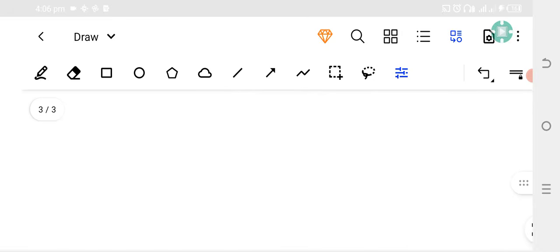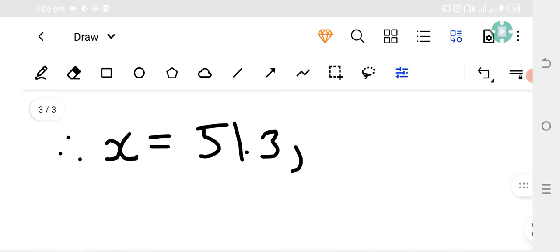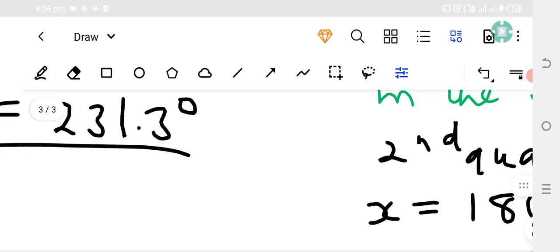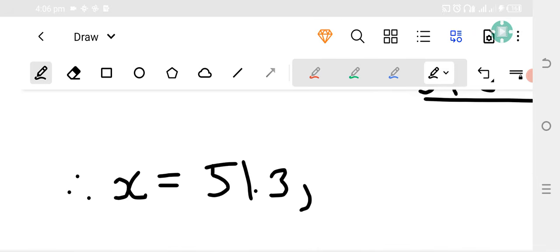This is the last part of the question. Then you conclude after finding all your solutions. You say therefore x is equal to 51.3 degrees, 231.3 degrees. Was there something smaller than this? Oh yeah, there's something smaller than this, right? But let's take note of the 231.3 degrees.